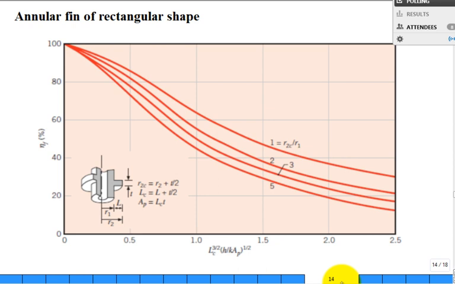Well, what happens if you don't have a constant cross-sectional area fin? Let's say my fin has this rotational type of fin. As I move further out in the radius, doesn't the area go up and up and up because of larger radius? Sure. Well, there's not a compact solution that I know of, unless maybe it uses Bessel functions or other type of functions which you're less familiar with than the hyperbolic functions. So typically they plot these. So you're looking for, hey, I forgot, what is eta sub f? What's the name of it?